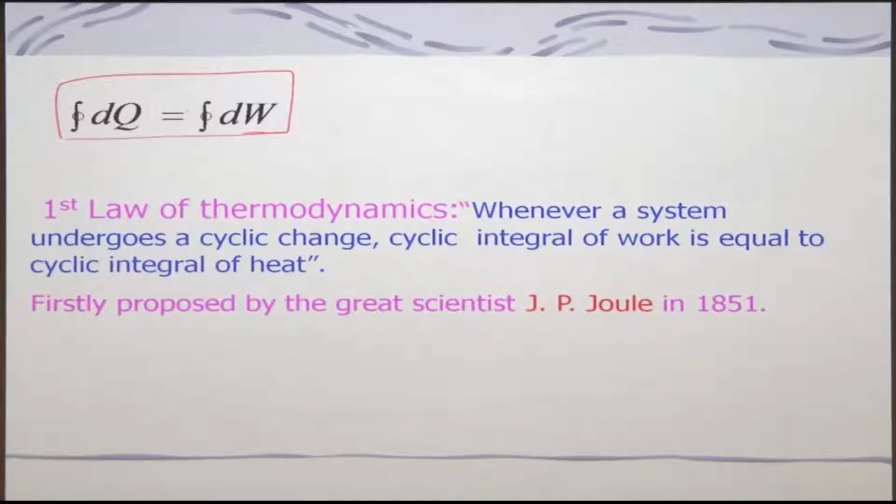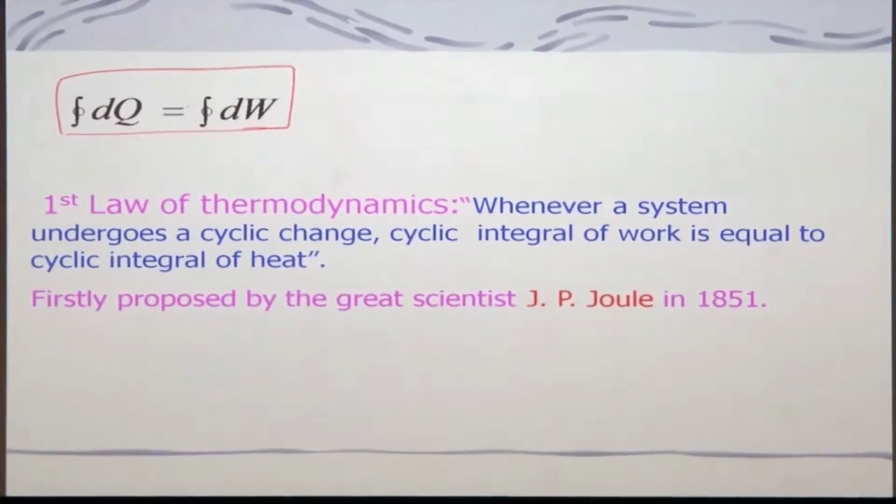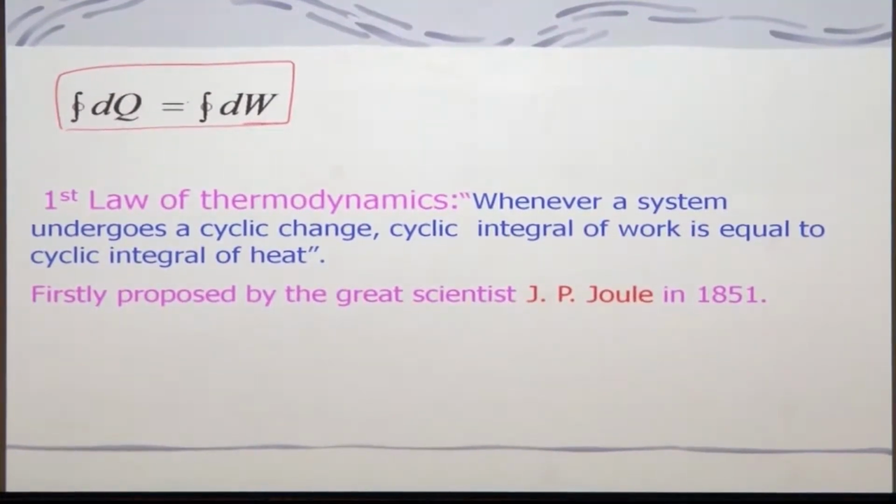So, this was first proposed by the great scientist J. P. Joule in 1851. Do not think that he was the only person working on it; there was another person, let me tell you a little historical perspective, his name is Mayer, and he was also working on this, but he could not propose the statement with arguments. He had a similar concept, but not enough arguments and evidence, because he was also conducting experiments, but one of his children died, and then he could not manage well.